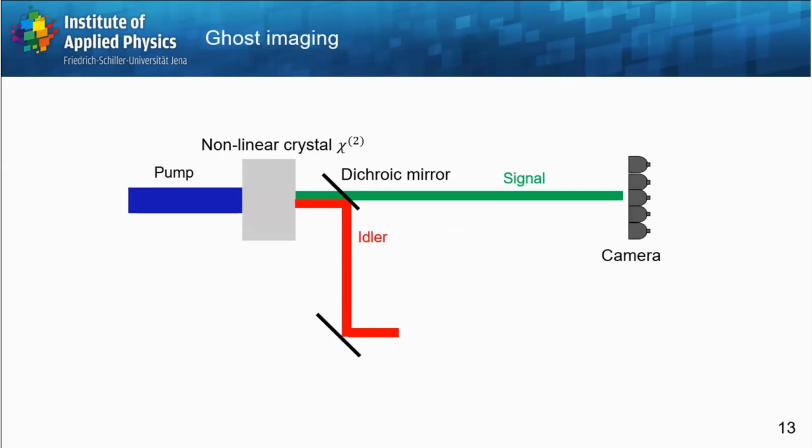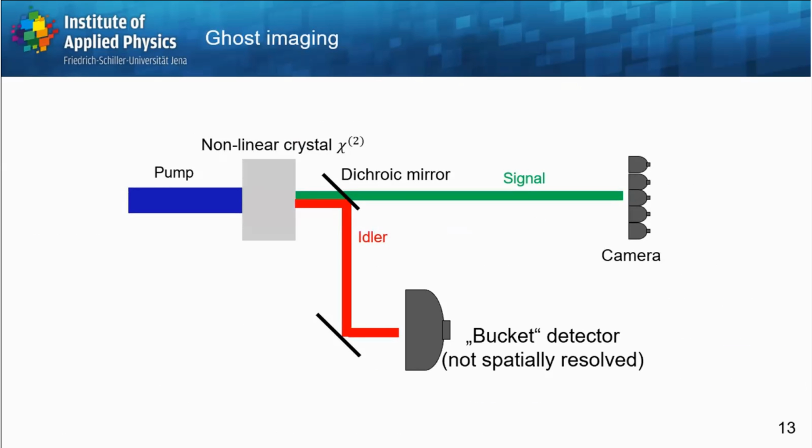And in the signal arm, I'm going to put a camera, which is a resolving detector. And in the idler one, I'm going to put a bucket detector. Why do we call this one a bucket? Because a bucket is just measuring everything, but you don't know any spatial information. It's not spatially resolved. It's just collecting all photons that are coming.